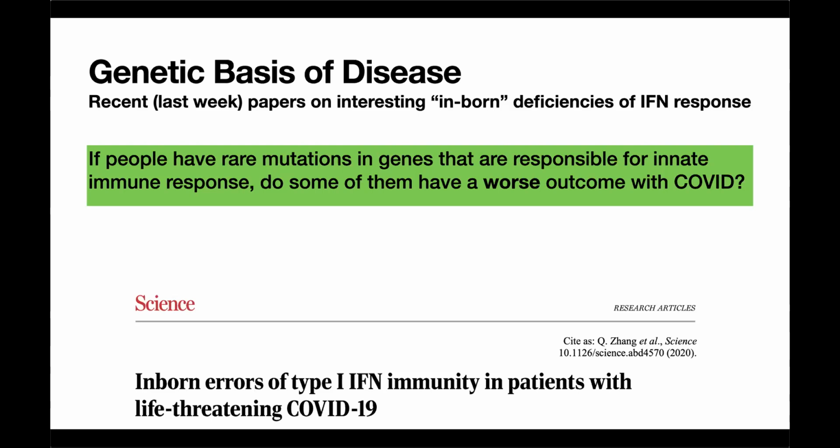Specifically, the one paper that I cited here, entitled "Inborn Errors of Type 1 Interferon Immunity in Patients with Life-Threatening COVID-19," the object of this paper was to study if people have rare mutations in genes that are responsible for innate immune response, do some of them have a worse outcome with COVID-19? And the answer to this paper is yes, but before I can explain to you why, we have to do the rest of today's lecture with just background and terminology, and to talk to you as well about something other than COVID-19.